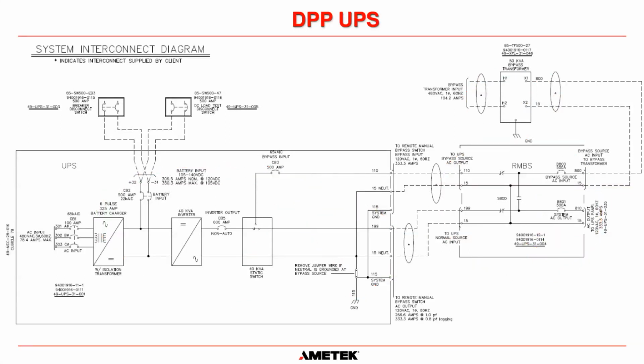Obviously, the only issue with that is if you do replace the RMBS, then you are going to have to break that neutral to ground connection. So the most common connection point is at the bypass transformer. And if you do that, you must lift the jumper wire that connects neutral to ground inside the UPS.